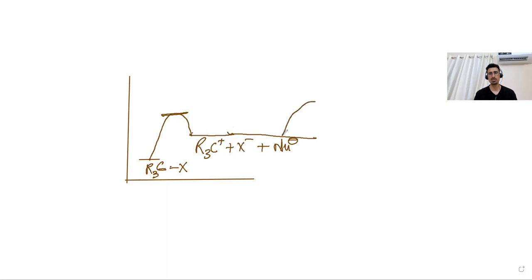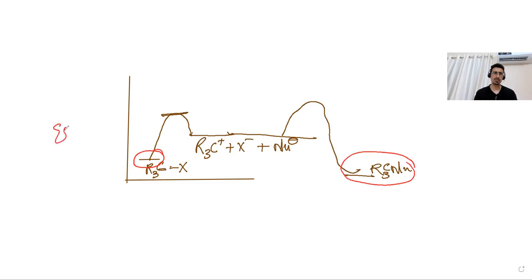Now, what happens when this nucleophile attacks this? We get R3CNu. Okay. Now, I hope this is clear that the energy of reactants is greater than energy of products.